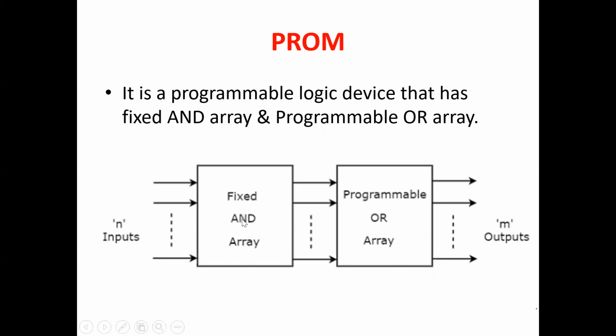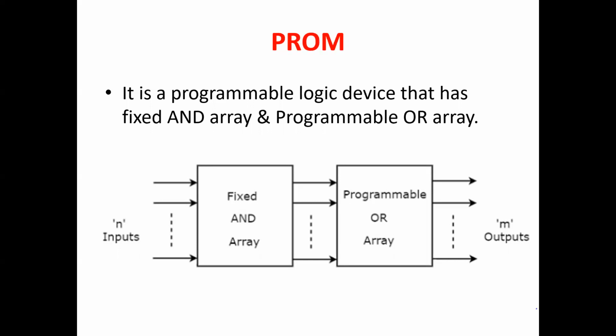Again, as I said, these programmable devices will have arrays of AND and OR, and programming them, that is connecting or not connecting the inputs to them, will give a particular output. If you are writing an equation a·b plus c, connecting wherever you want, you connect the inputs a and b to an AND gate, then the output has to be ORed with c.